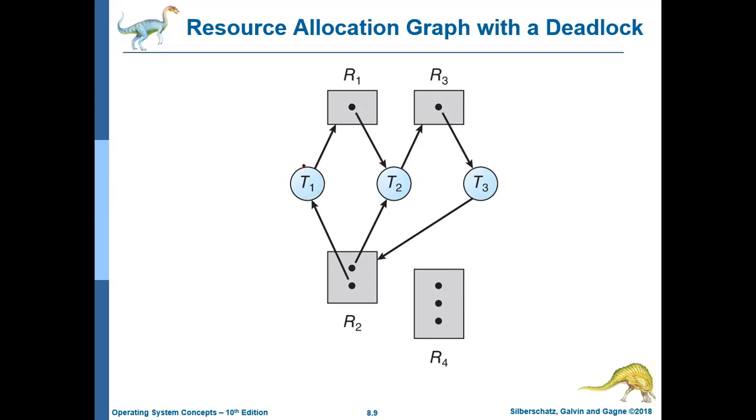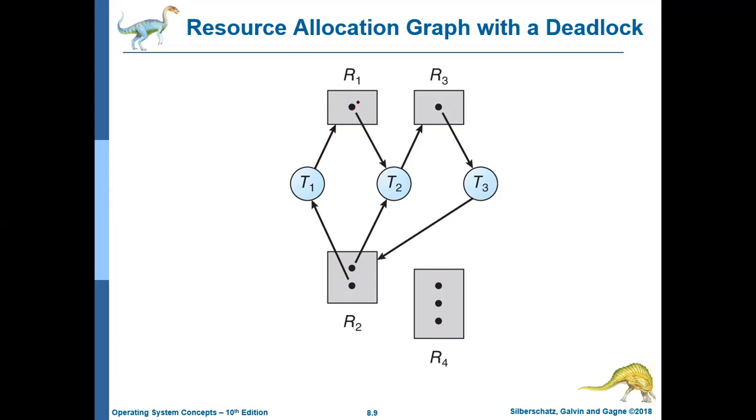First process is T1. T1 is having R2 because there is an edge from R2 to T1. We have already allocated one R2 to T1. T1 is waiting for an instance of R1.